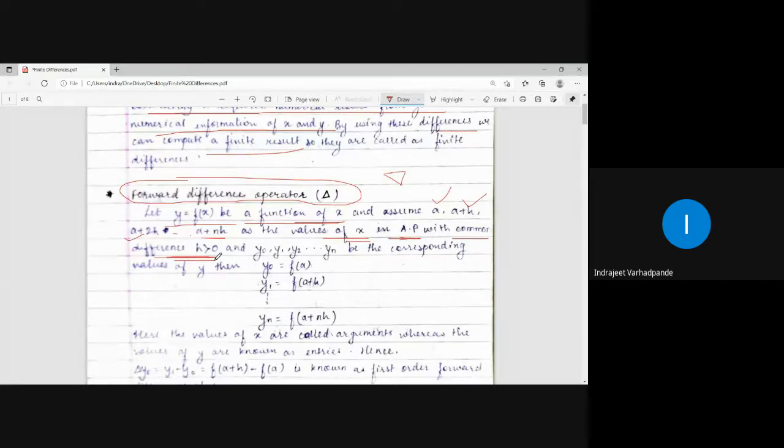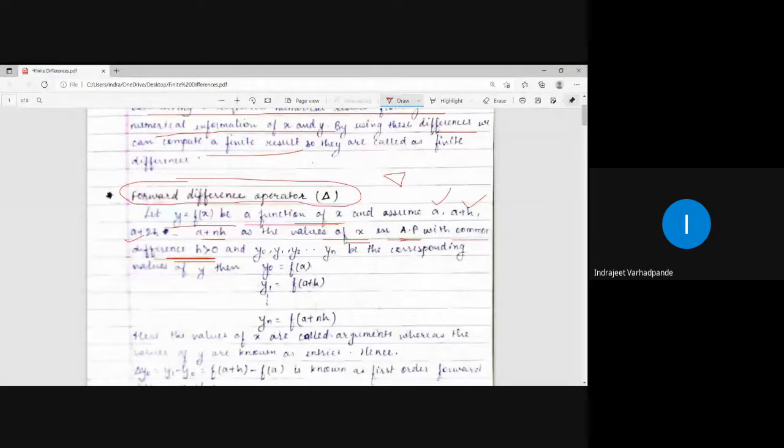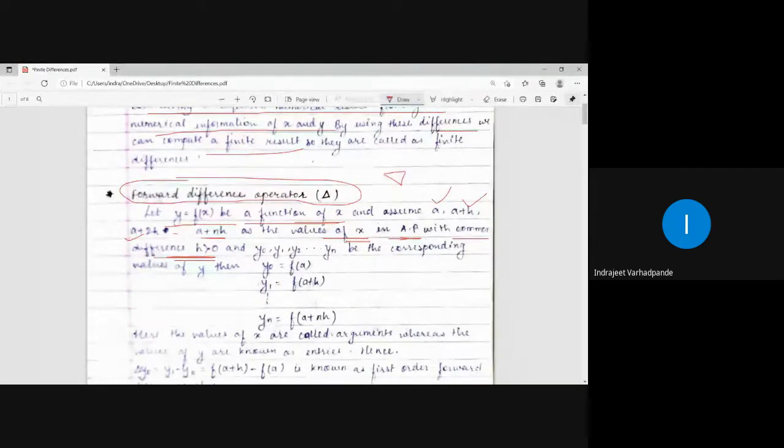So the first value of x is a, the second value of x is a plus h, in increasing order. They should be in arithmetic progression. What is the common difference between them? The common difference is h, which is always positive, greater than 0. Because if you take the difference of a plus h and a, it will be h. The difference of a plus 2h and a plus h will again be h.